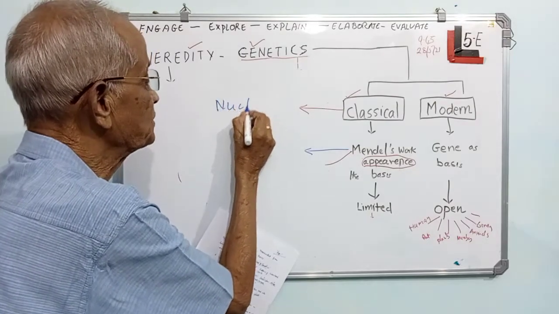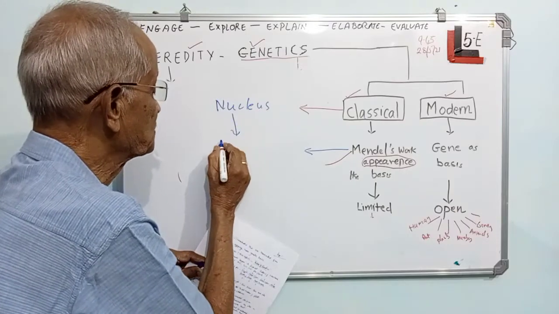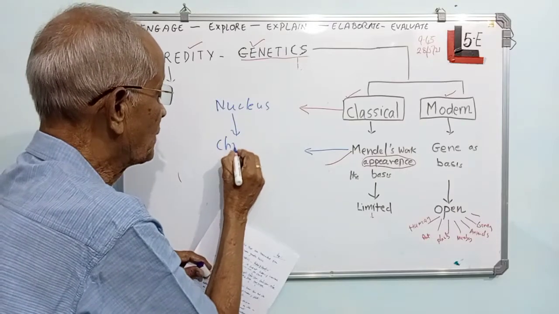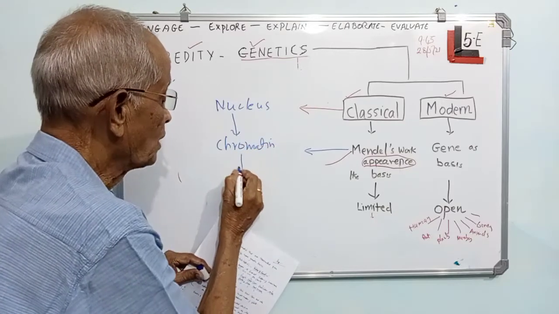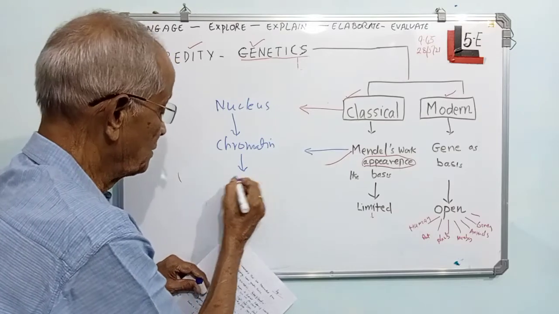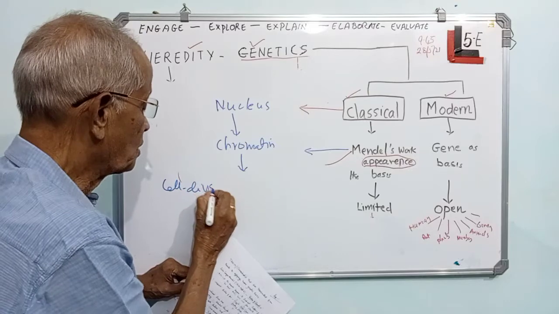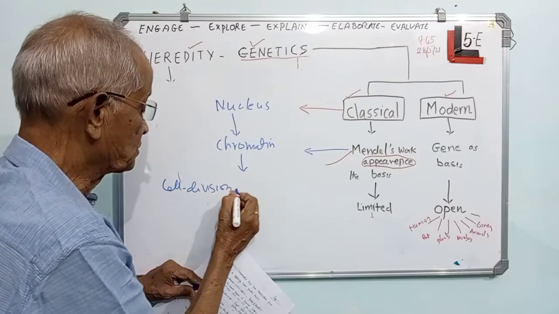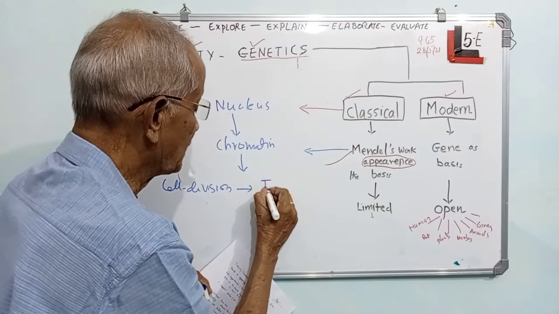Scientists found out inside the nucleus there is what's called the chromatin, and they also found out chromatin becomes into pieces during the cell division, or during the reproduction of the cell, and they called it the thread-like structures.